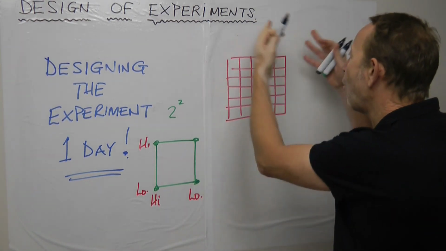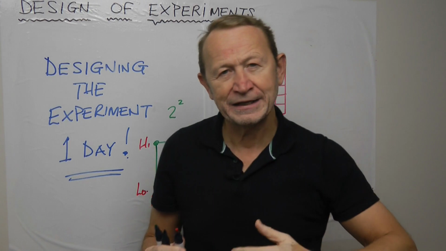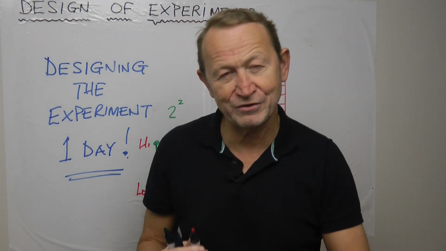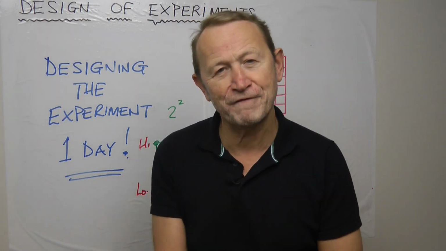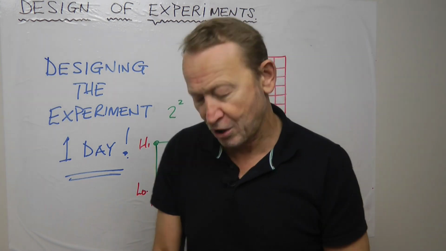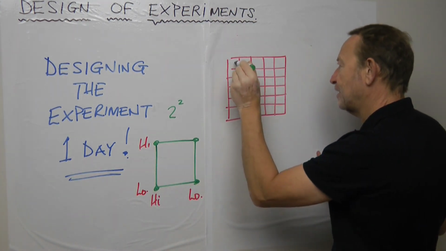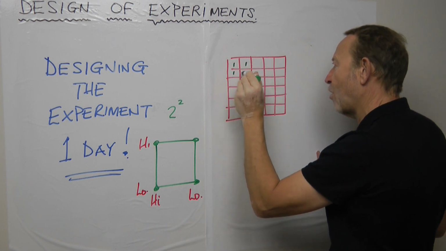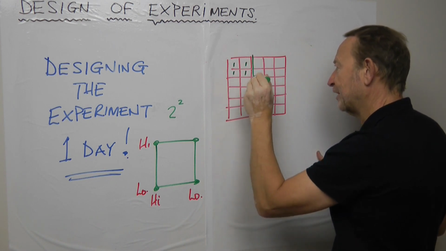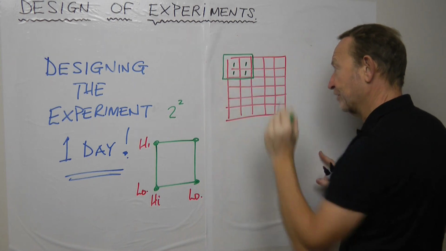And so for one growing season, he didn't do one experiment, he did 40 or 50 experiments in one go. But what he didn't do was this. He didn't put treatment 1 all in the one corner of the field.